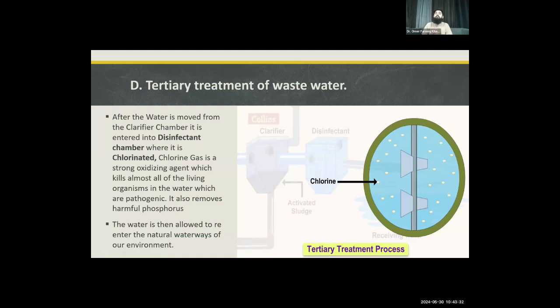So we need to kill all the microorganisms that we ourselves created, that we ourselves grew to clear the liquid, but now they have become a health hazard. So we chlorinate the clear water that we are getting from the clarifier chamber, in a chamber that is called the disinfectant chamber.